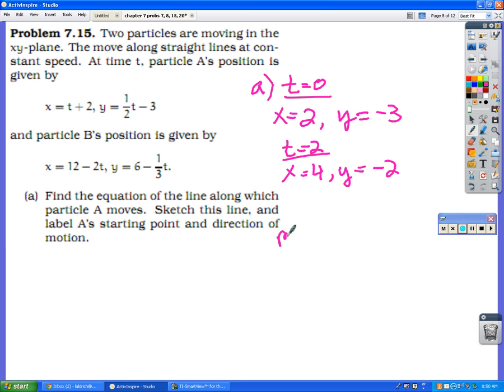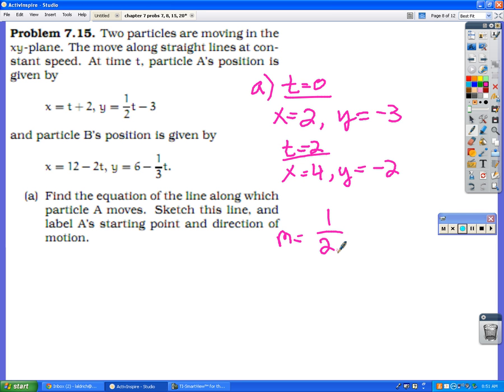All right? So now that I have 2 points, y2 minus y1, negative 2 minus negative 3 is 1. x2 minus x1 is 2. So my slope is 1/2.